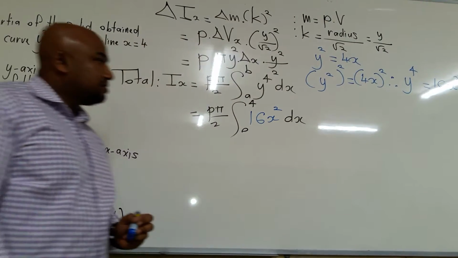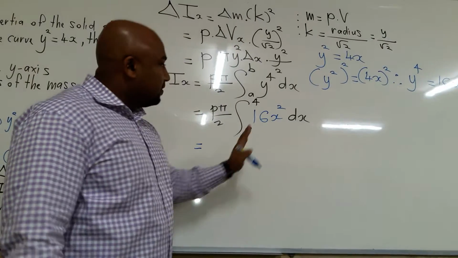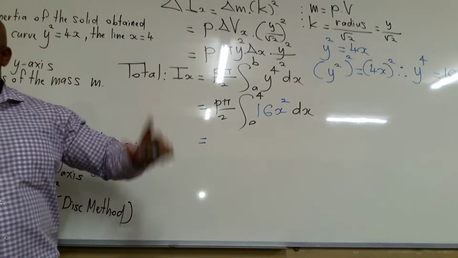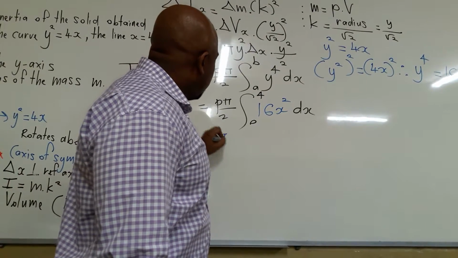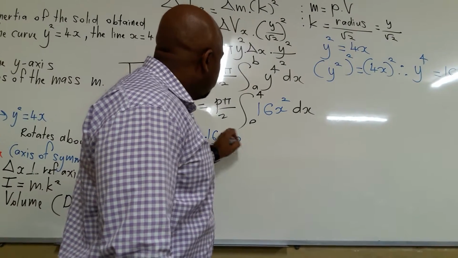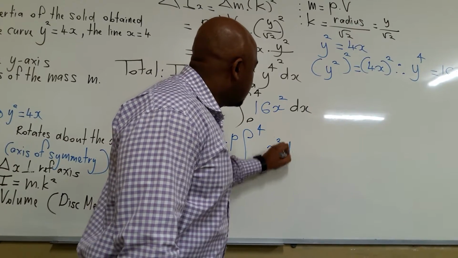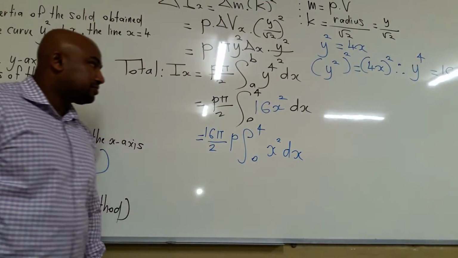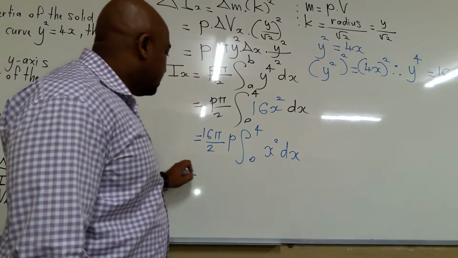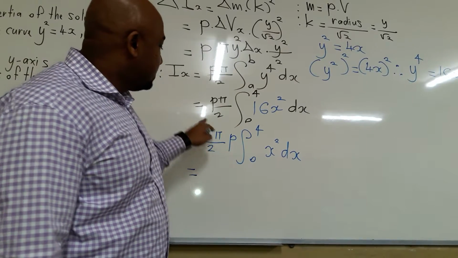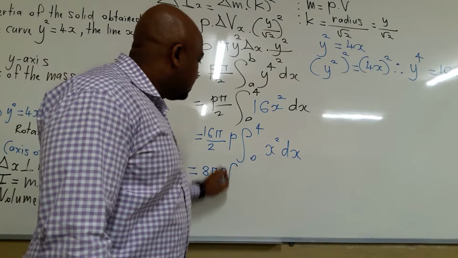Okay, not too bad. So we can now integrate. What I'm going to do is take out my constants. So that will be 16 pi p over 2, from 4 to 0, that's my x squared. The integration here is simple. For this specific example, 16 over 2, we get 8 pi p.